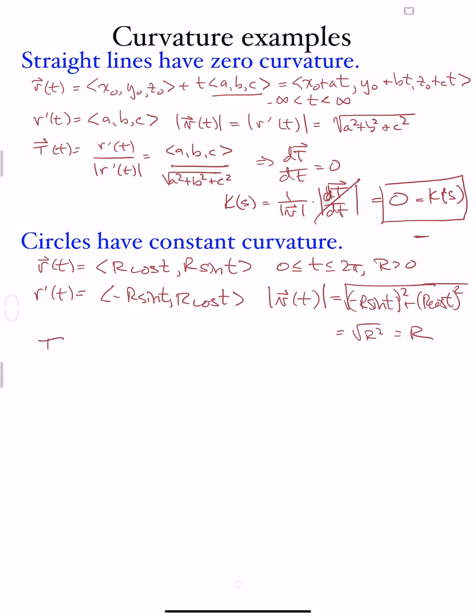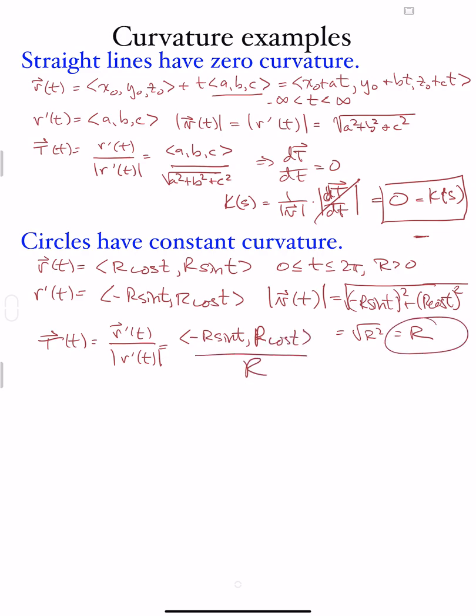When we find our unit tangent vector using that speed, we have the ratio of minus r sine t and r cosine t, all over that constant r we just found as the speed. Cancelling the common factors, we have minus sine t, cosine t. And that is our unit tangent vector.